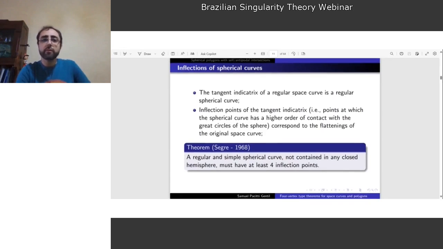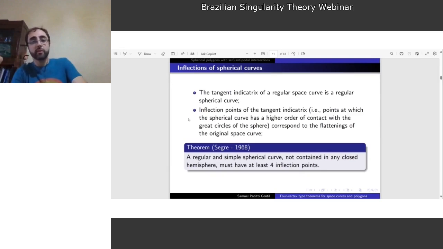His theorem actually follows from the following theorem on spherical curves. The tangent indicatrix of a regular space curve will also be a regular spherical curve. This is the point.